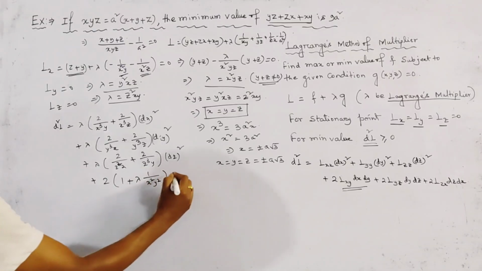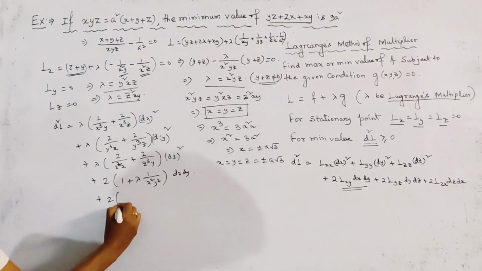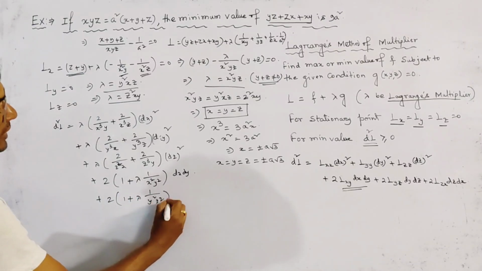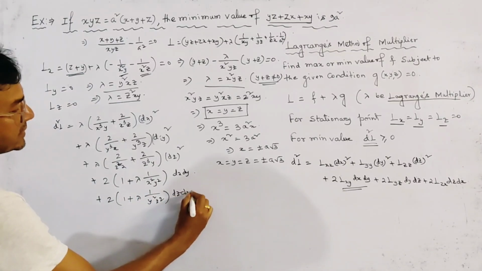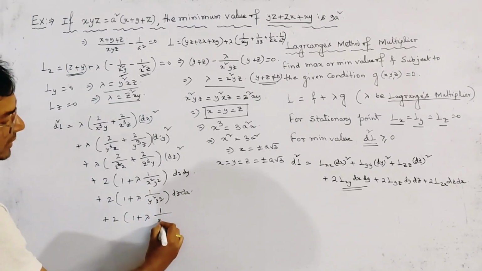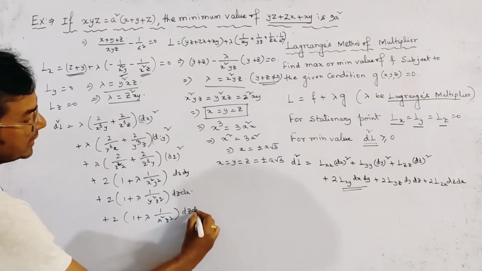In a similar manner we write dx dy first, then 2 into 1 plus lambda into 1 by y square z square for dy dz, and plus 2 into 1 plus lambda into 1 by x square z square for dz dx.